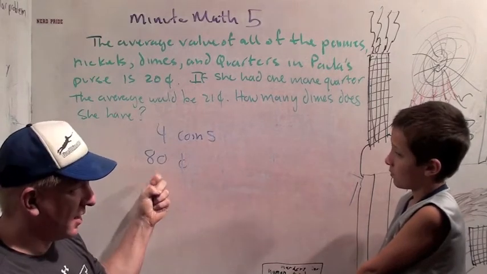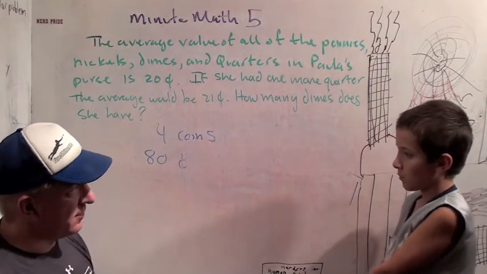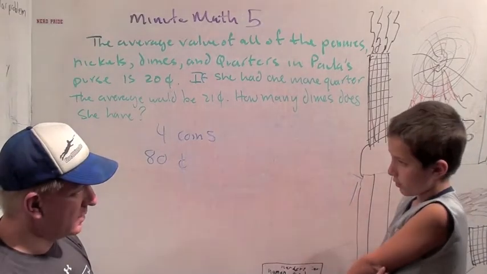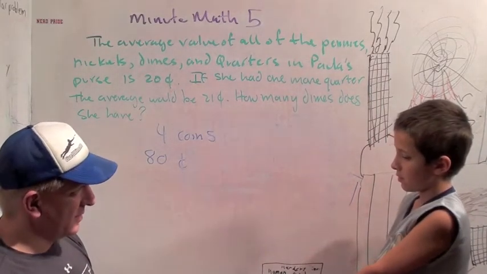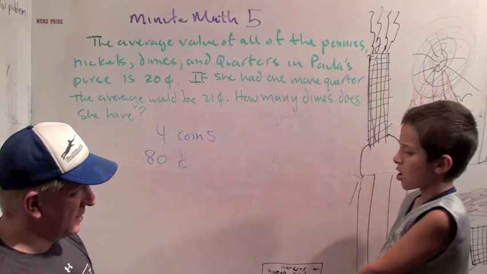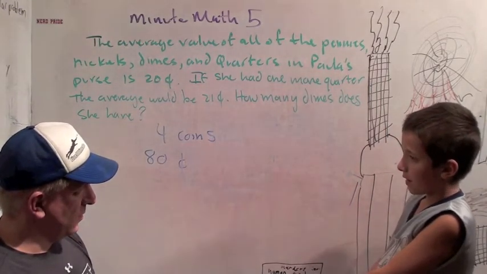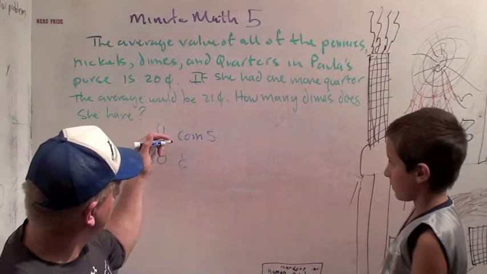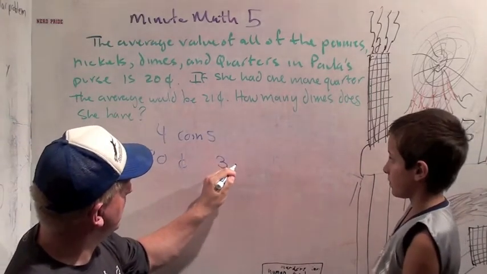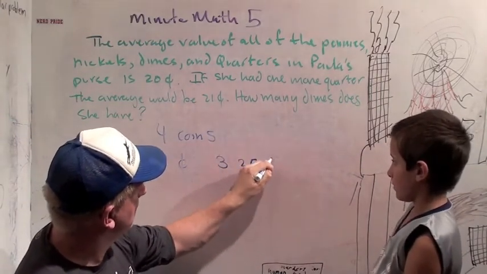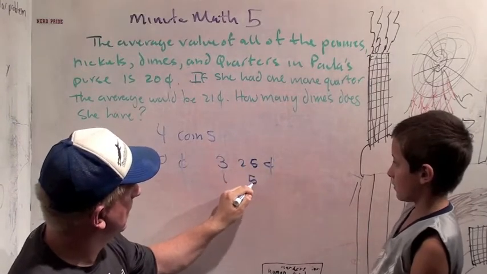So we have 30 cents left and 2 coins left. 3 quarters is 75 cents, so then she would have a nickel. So she has 4 coins and 80 cents. That means she has 3 quarters and 1 nickel.